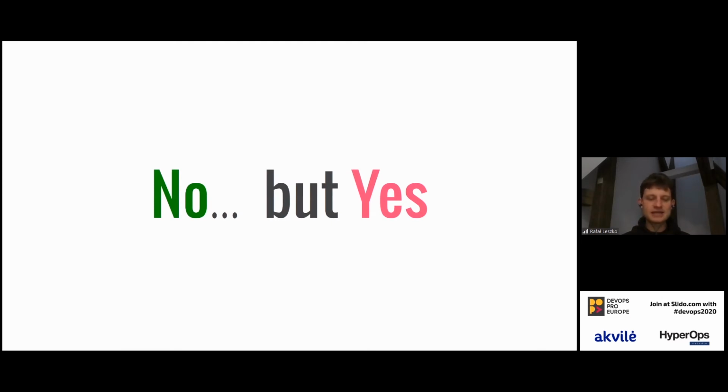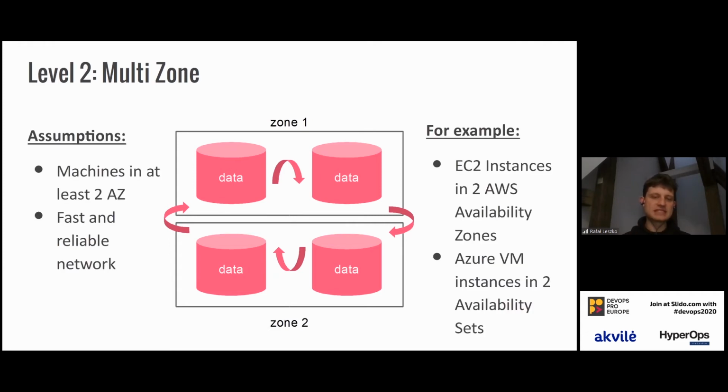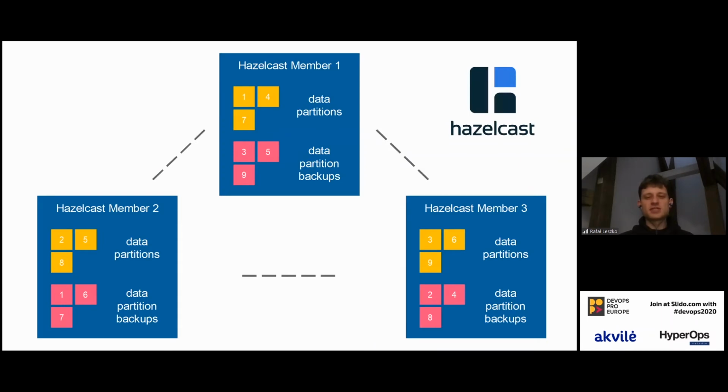And to understand why multi-zone is a little different than multi-instance, let's see an example. So we have our cluster of data. To give the assumption, we have machines in at least 2 availability zones, and the network is fast and reliable. For example, what I tested with Hazelcast was EC2 instances in two availability zones. Now let's come for a moment to the diagram we've seen before.